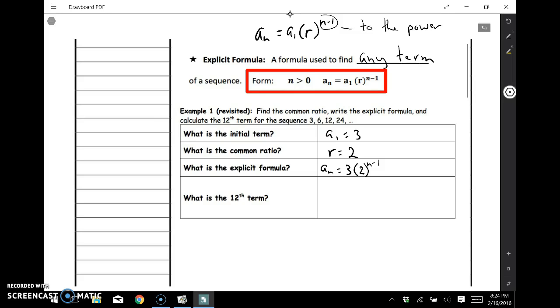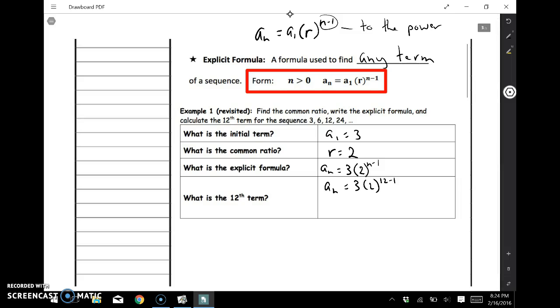Okay. And let's talk about how we need to find the 12th term. So for the 12th term, I'm going to write this out for you. A sub n is equal to 3 times 2. Instead of n minus 1, I'm going to put 12 minus 1.